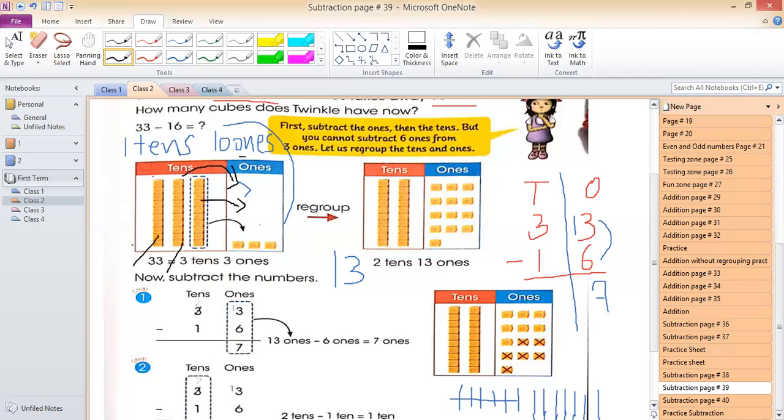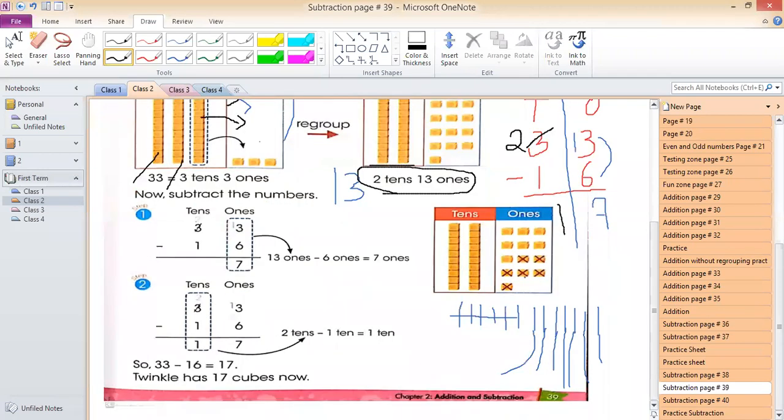So it was 3 tens and 3 ones before, but you changed 1 ten to the ones. So it is now 2 tens and 13 ones. This 3 is not 3 now because it has given 1 to the ones, so it is 2 now. Now 2 minus 1 is 1, so the answer is 17. That means Twinkle has 17 cubes now.